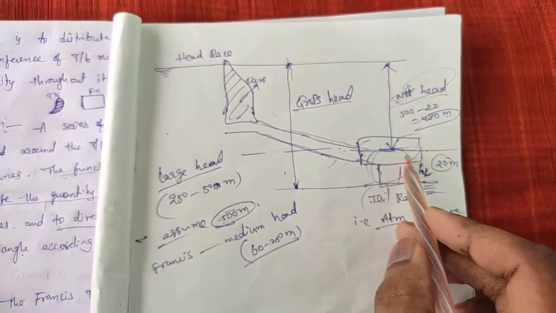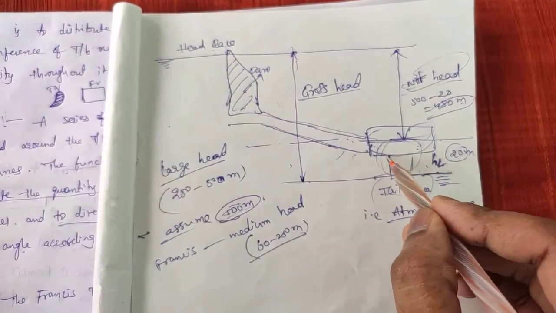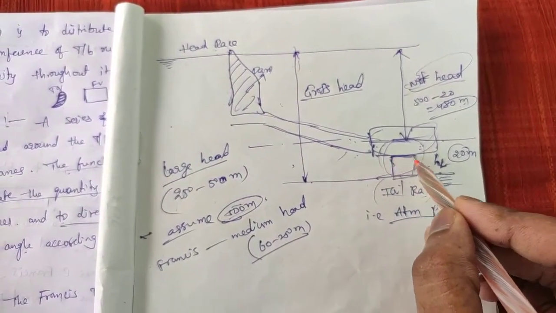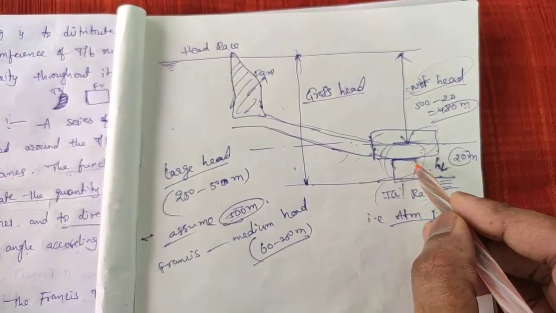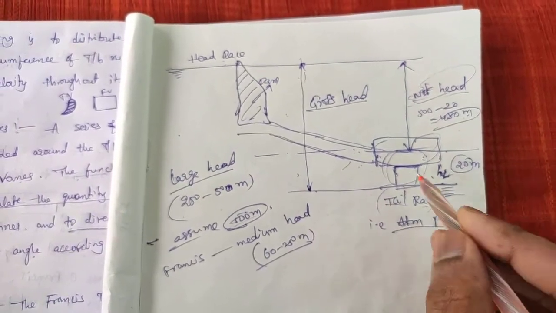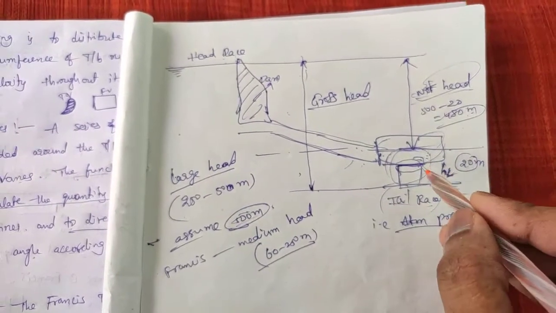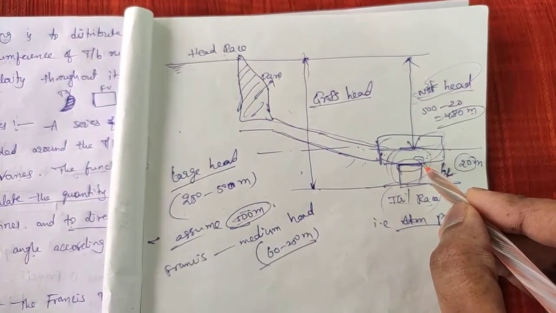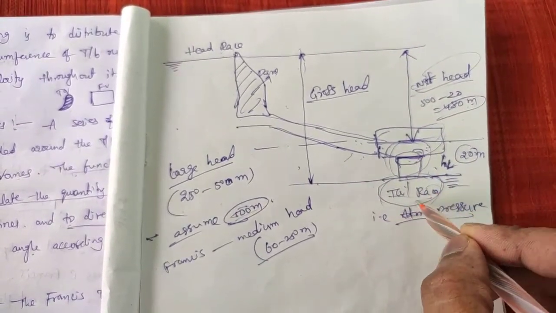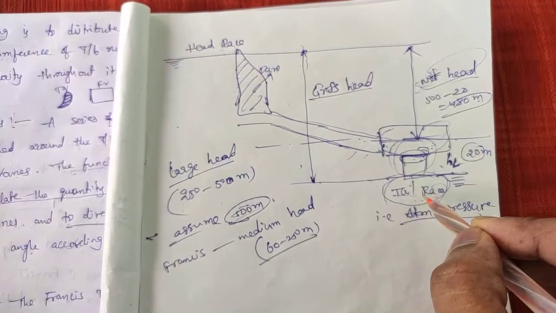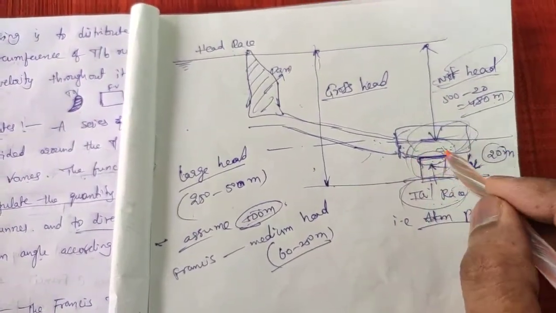In the Francis turbine the pressure is not constant. At the exit of the turbine the pressure is less than atmospheric pressure, that means we get vacuum pressure. Due to this vacuum pressure, there is a chance that the water entering the tail race flows back, so the turbine may be damaged.